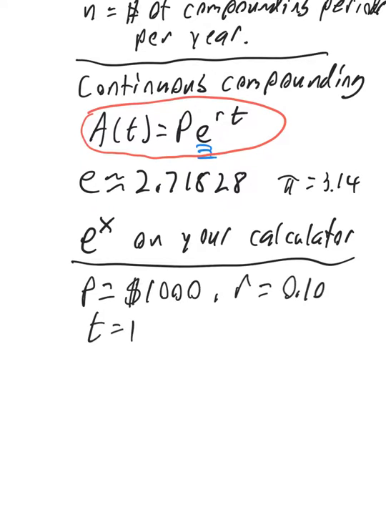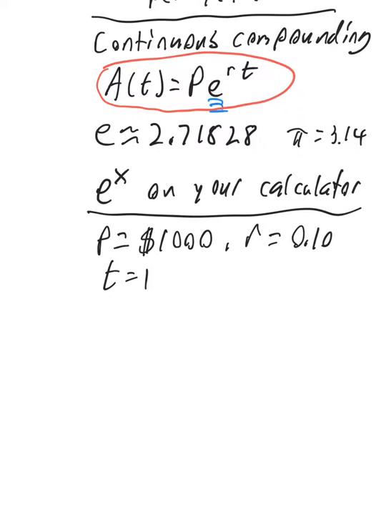At annual compounding, we ended up with $1,100 after 1 year. At quarterly compounding, we had, I think, an extra $3.80, $1,103.80. Let's see what happens with continuous compounding. So how much with continuous compounding?